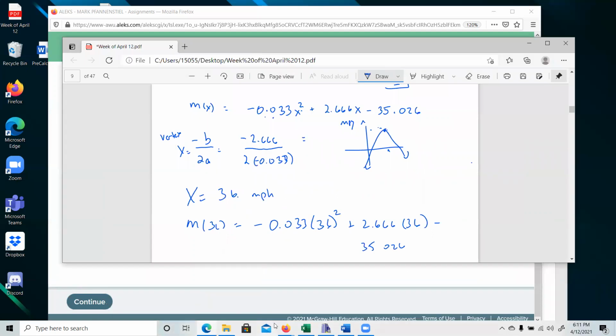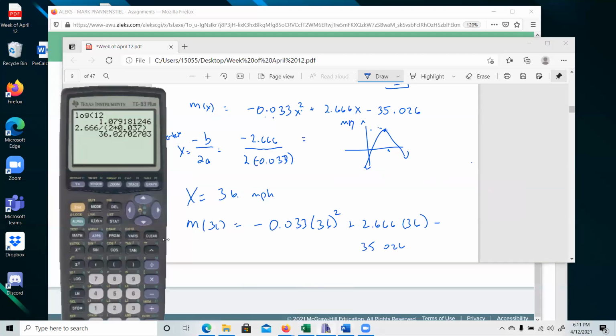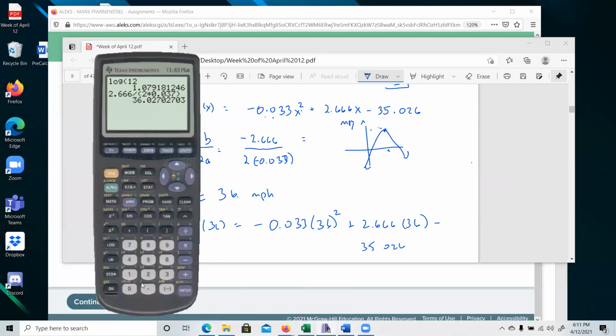Let's see here. So we have negative, remember to get the right negative, 0.033 times 36 squared plus 2.666 times 36 minus 35.026.